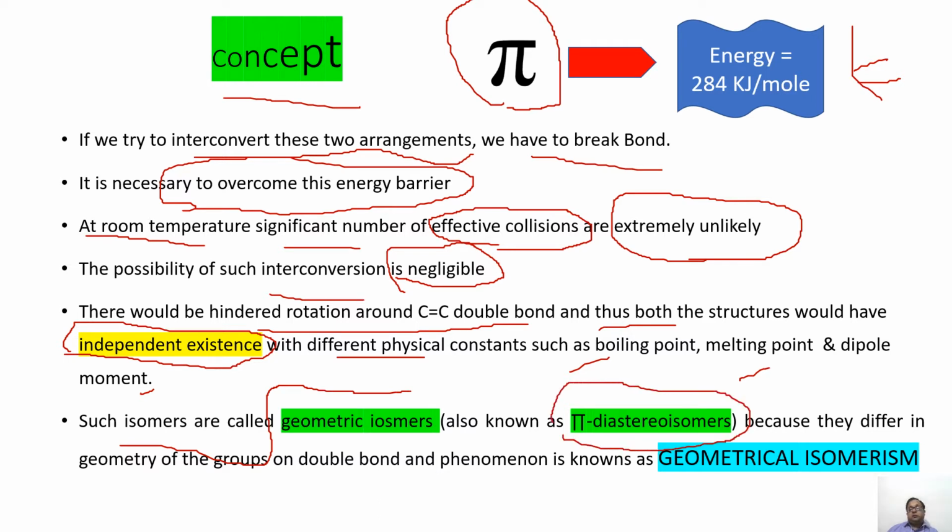Why? It's because this is isomerism due to the presence of the pi bond, and because of the different arrangement of the atoms on the double bond, and ultimately this phenomenon is known as geometrical isomerism.